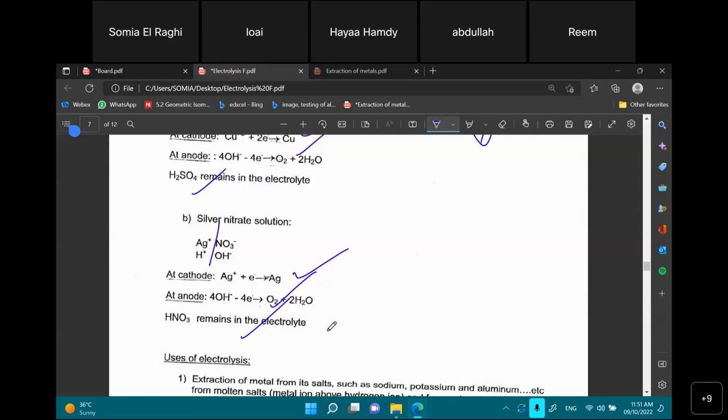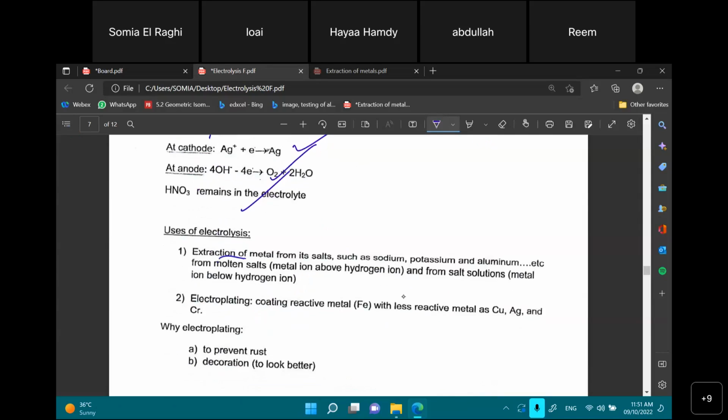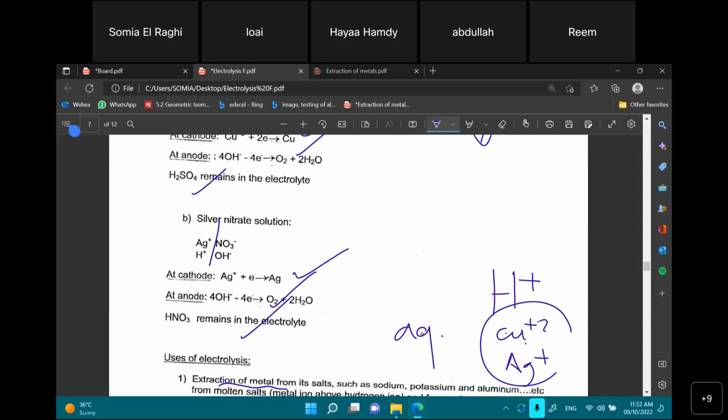So we understood now that we can extract metal from either molten or aqueous salt. From aqueous salt, only under hydrogen can we get metal. So we can get copper or silver only from aqueous salt. Any aqueous salt above hydrogen will never ever give metal.